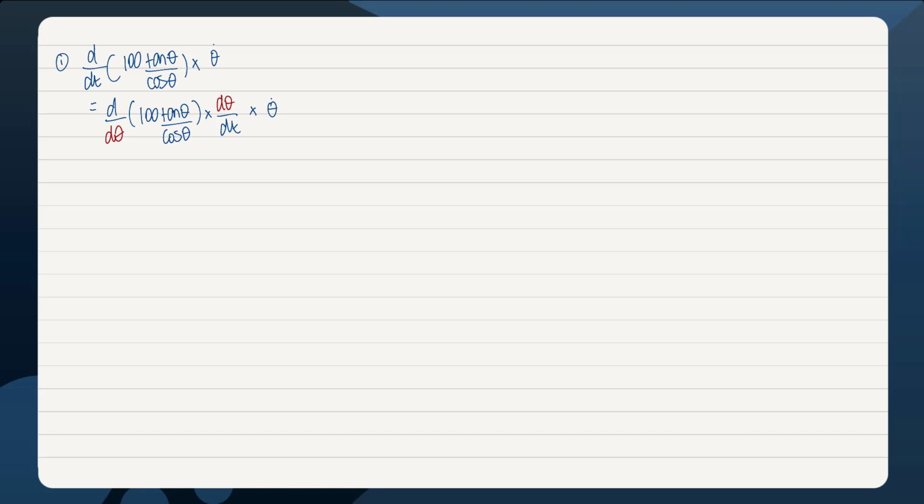Now we need to find the derivative with respect to theta of 100 tan theta over cosine theta. Now we can see that it's in the form of u divided by v, where u is equal to 100 tan theta and v is equal to cosine theta. And u prime is therefore equal to 100 divided by cosine squared theta, and v prime is equal to minus sine theta.